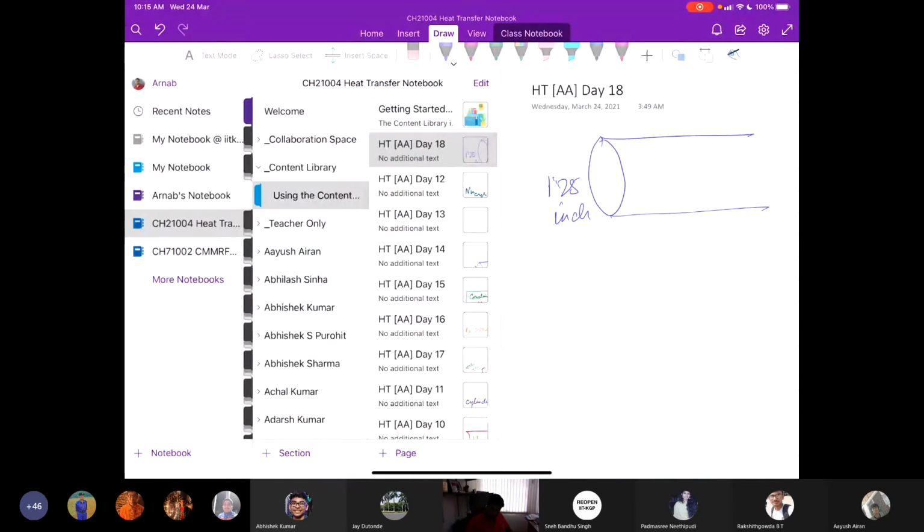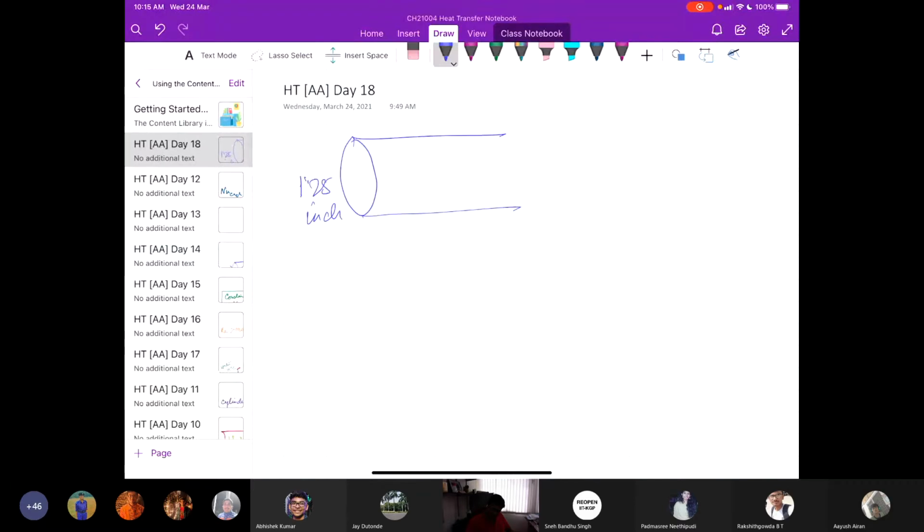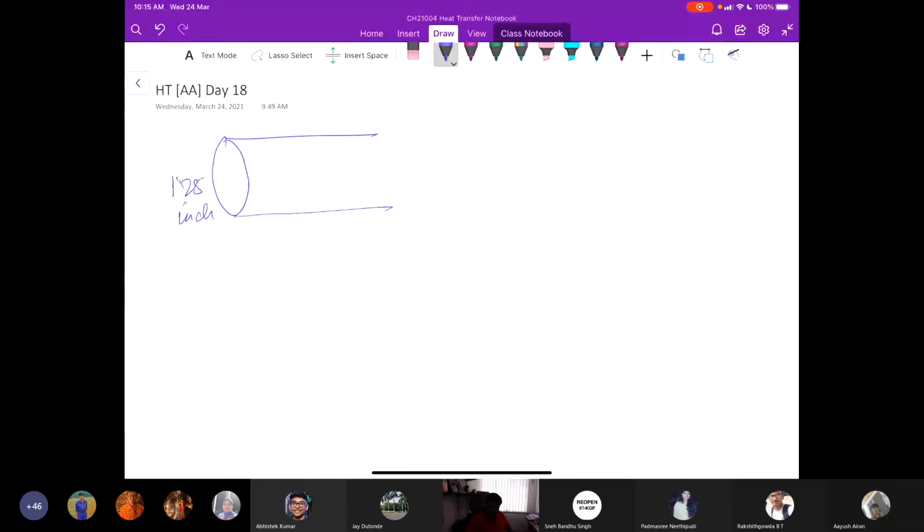So we have a tube through which water is flowing, at a certain temperature and pressure, where the diameter is 1.25 inch. The temperature at which the water enters is say 55 degrees centigrade.